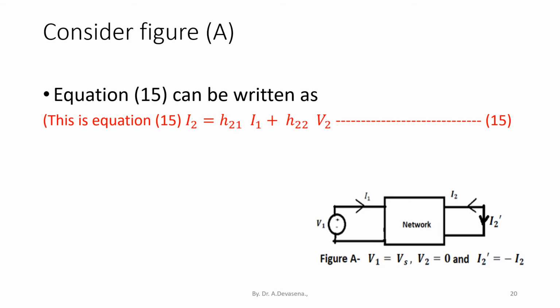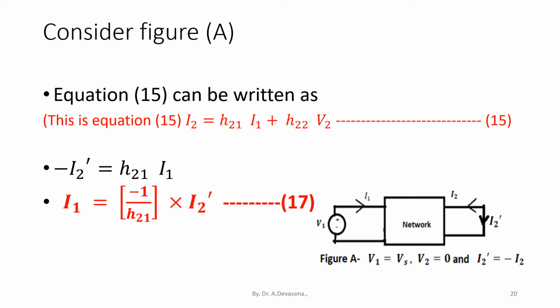So equation 15 becomes minus I2 dash is equal to h21 I1. That is, I1 is equal to minus 1 divided by h21 into I2 dash. Consider this as equation 17.